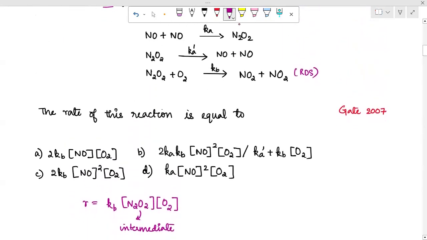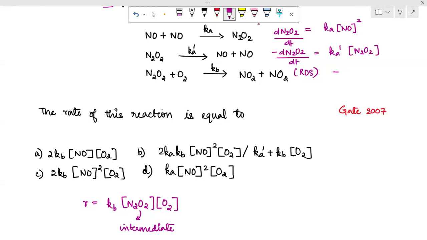Now, if you see in the first step, N2O2 is being formed. If I have to write the individual steps, over here, N2O2 is being formed, and that is going to be equal to Ka, concentration of NO to the power 2. Over here, N2O2 is disappearing, and I can write it as Ka prime into concentration of N2O2.